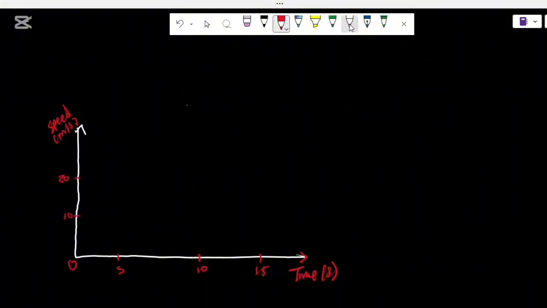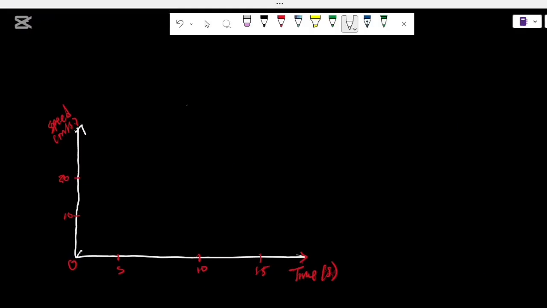Now, for any object under normal circumstances, the initial speed should be 0. In other words, before it makes any movement, logically, it must have 0 meters per second as its speed, right? So as it starts to increase its speed, not only is the speed changing, but the time also is changing.